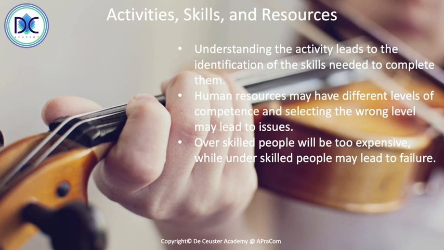So overskilled people, in addition to that, will be too expensive. While the underskilled people may be cheaper, but the risk that they will not complete the work as defined is higher. So it's very important to identify what people will be working on the different activities.